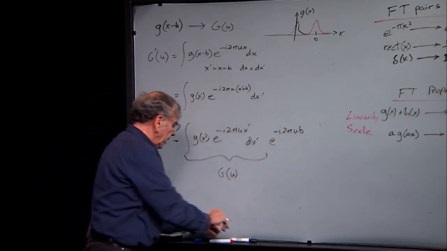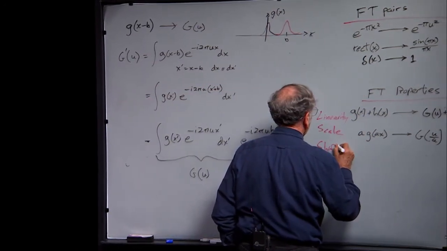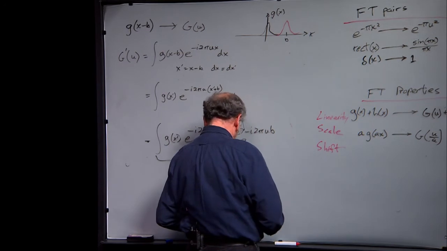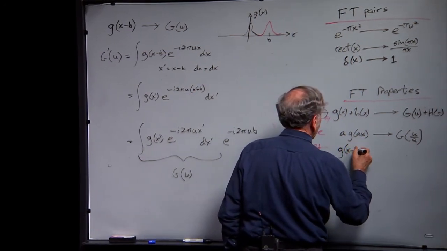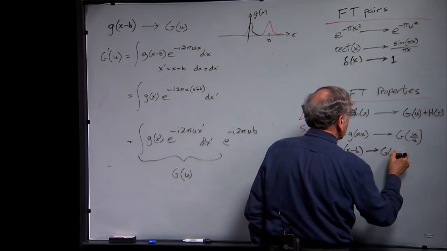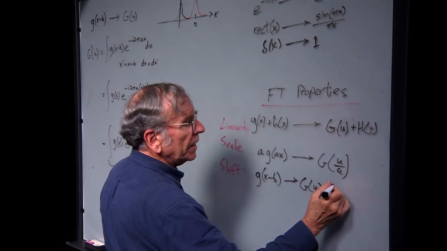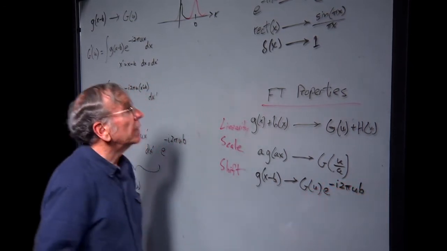So the property here, this is the shift property, says that if I have g of x minus b, its transform is G of u times e to the minus i 2 pi u b.